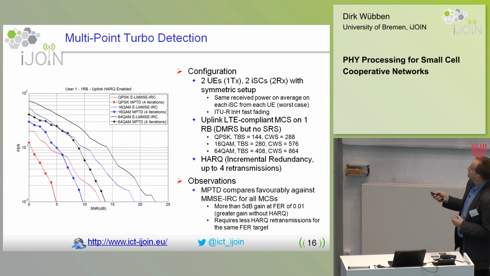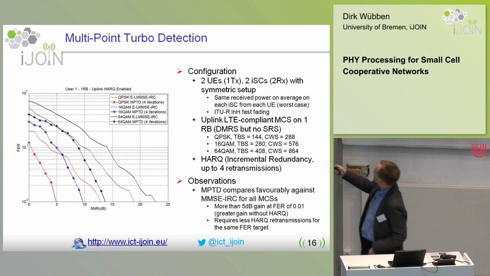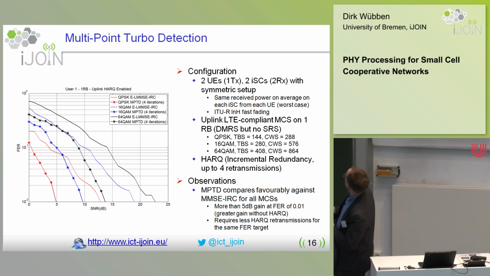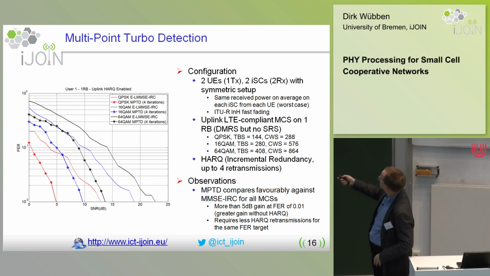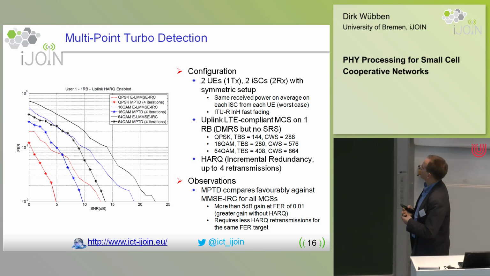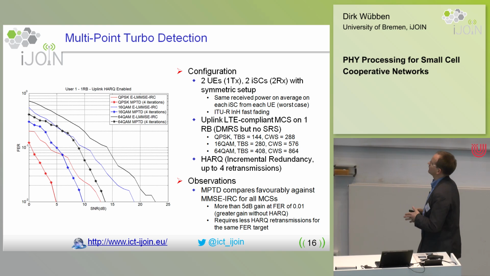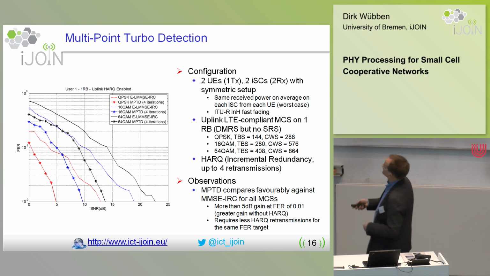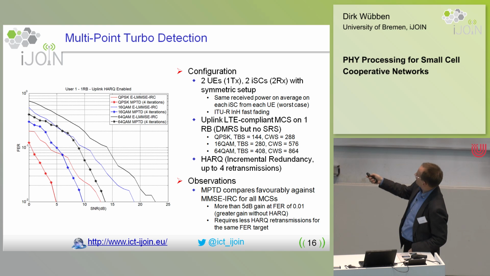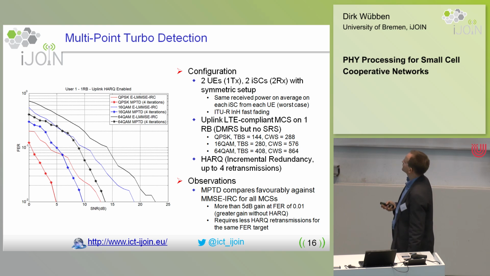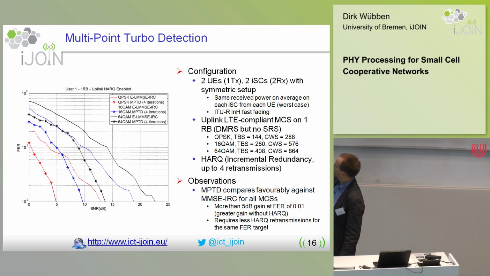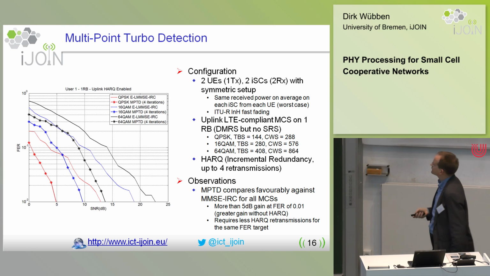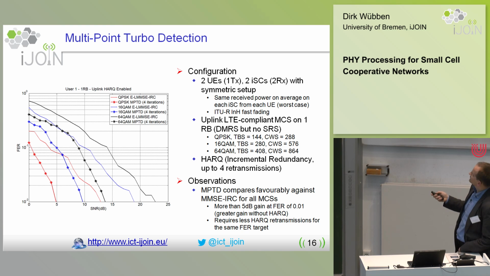And here we are having frame error rates for LTE compliant MCS, and for example the red one, this is QPSK with this parameter setup, and here we see the corresponding baseline approach, which is just the enhanced LMMSE interference rejection and combining technique. We can see that by allowing at maximum 4 retransmissions in case of incremental redundancy, we can achieve a performance improvement which is significant in this area, and we can see basically the same also for 16 and 64 QAM.